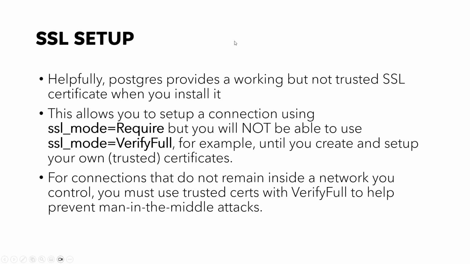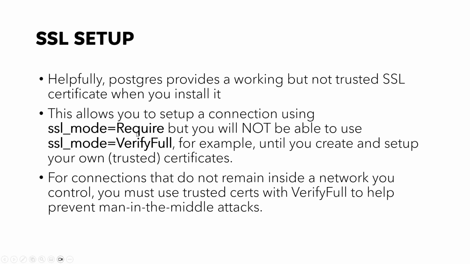Now, when it comes to SSL, Postgres provides a working system because it will give you a certificate, so the actual setup will work, but obviously that certificate's not going to be trusted. So if you need to verify that SSL connection from your client, it's not going to verify. One of the things we'll look at a bit later on is things like SSL mode in the connection string. So you can set something like require, which says that if SSL isn't set up on the server, then the connection is going to fail.